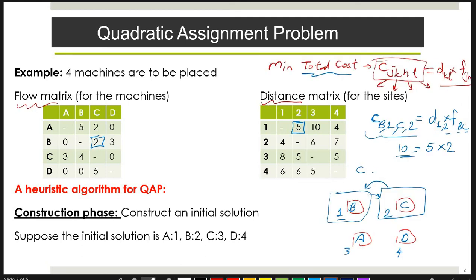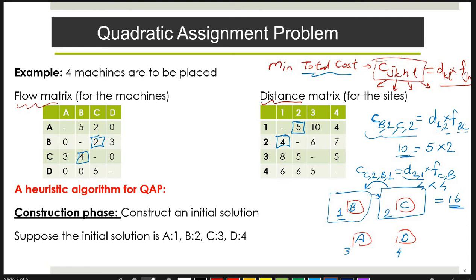If we move the items from C to B, C is located to site 2 and B is located to site 1. Again, it will be the distance from 2 to 1 multiplied by flow from C to B. The distance from 2 to 1 is 4 units, multiplied by flow from C to B, which is 4 units also. And this cost is equal to 16.